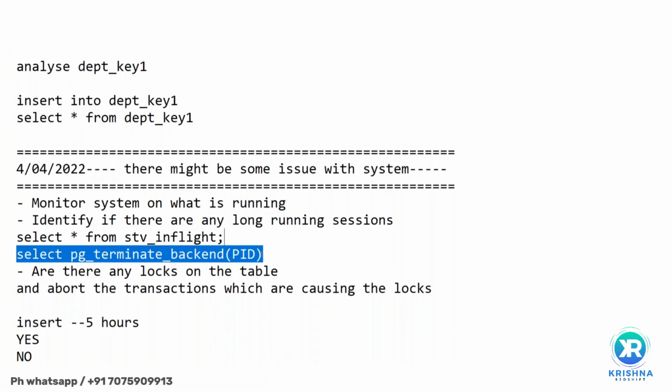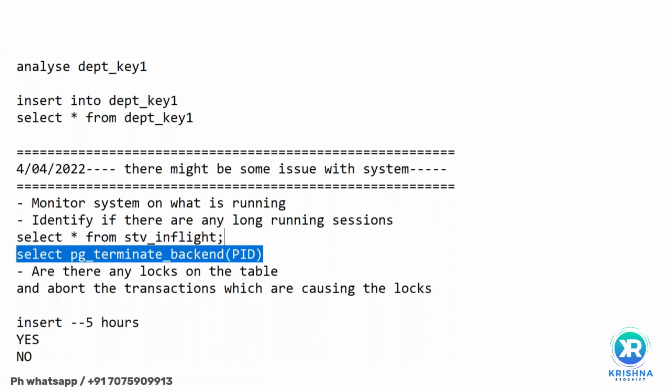Once that is terminated, other jobs will proceed, because this is the job which took all the system resources and impacted the entire system. In fact, such long running jobs also lead to other jobs blocking, because it has already acquired a lock, and a later job that started is also waiting for this lock.